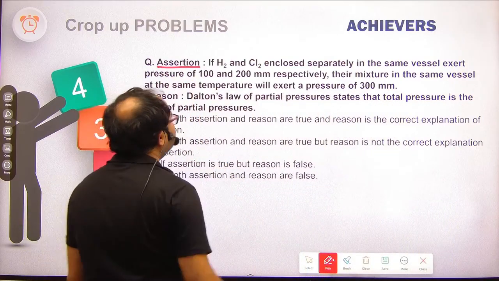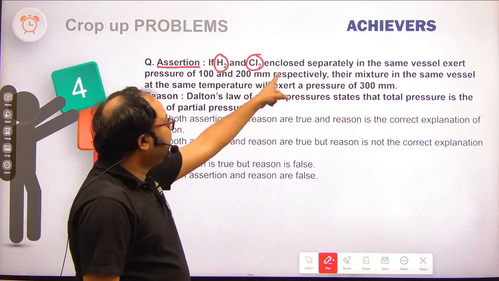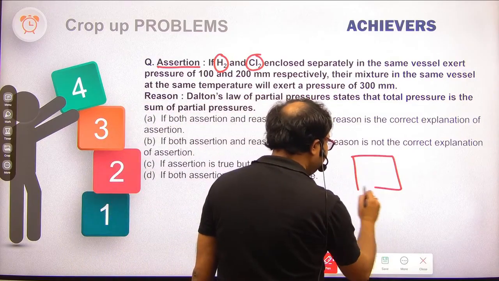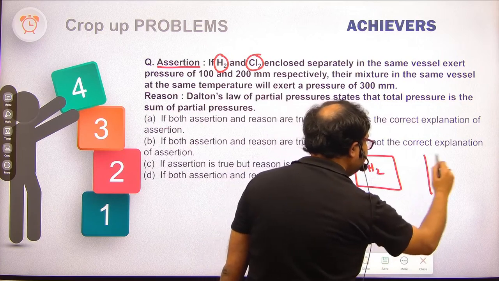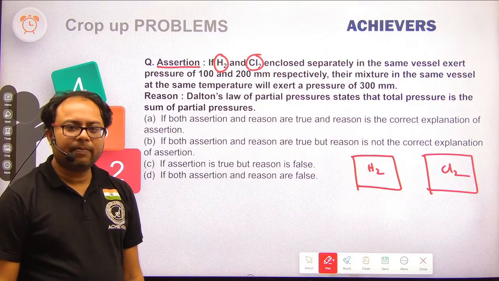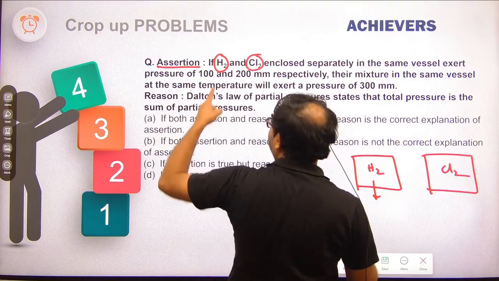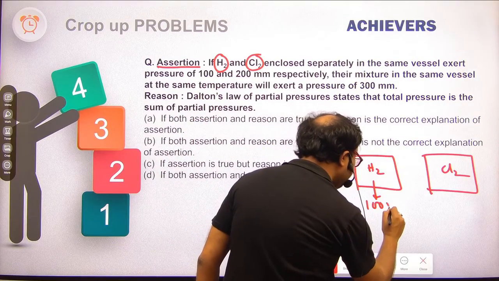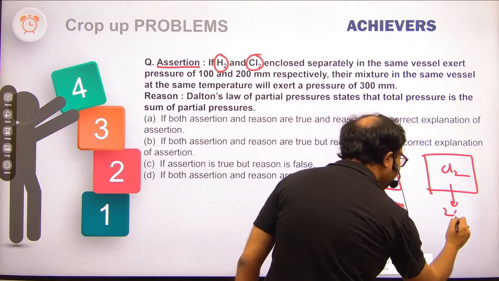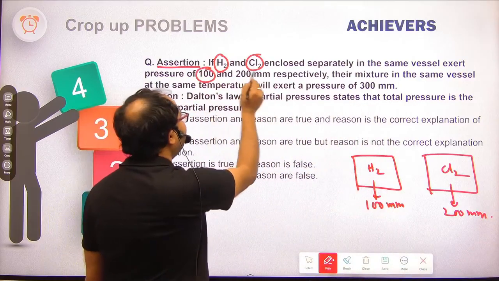We have an assertion. If hydrogen and chlorine are enclosed separately in the same vessel, hydrogen exerts a pressure of 100 millimeter and chlorine exerts a pressure of 200 millimeter respectively.